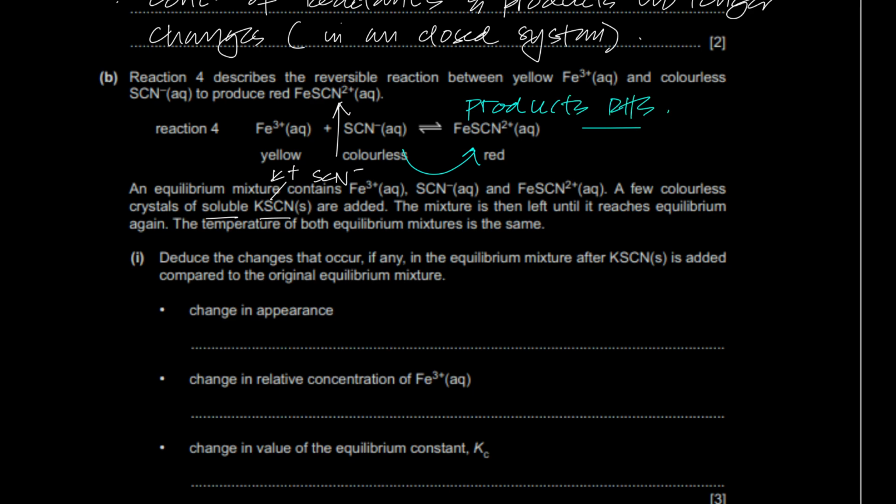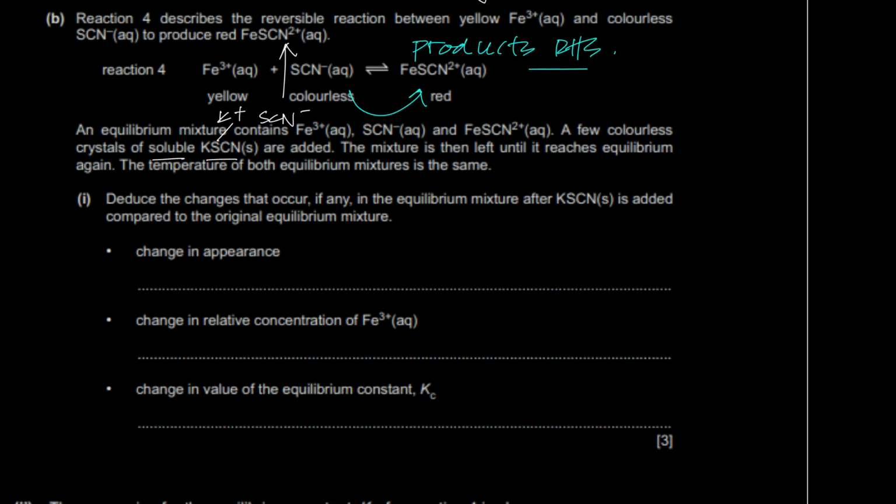Because you increased SCN minus, it counteracts to minimize this change by making more products, and thus the equilibrium position shifts to the right, and you're going to be more red, or paler yellow. Compared to the original equilibrium, you're going to have a more red color.